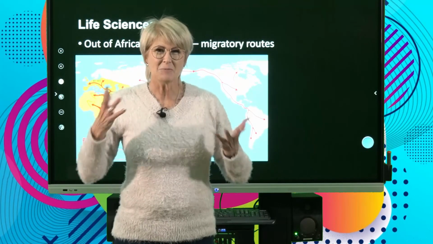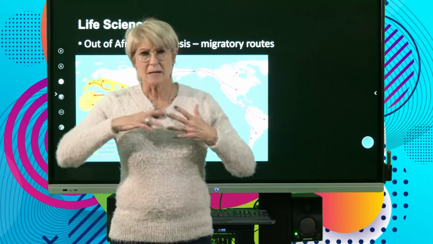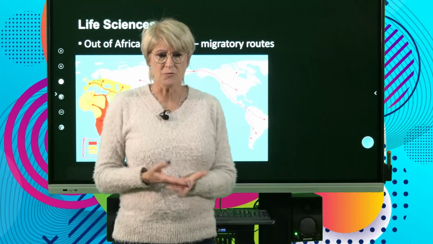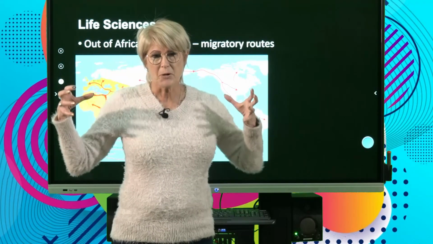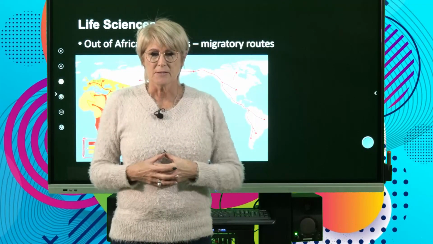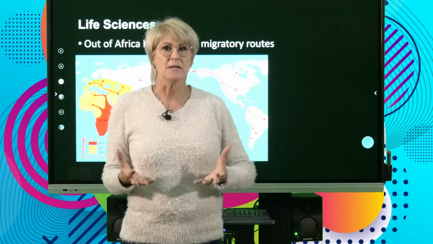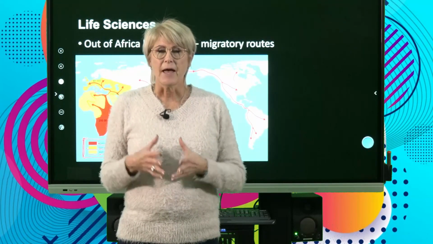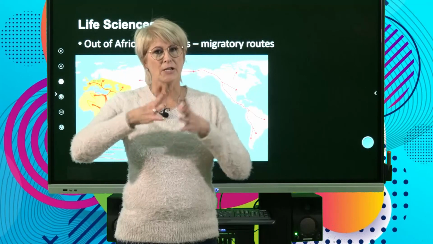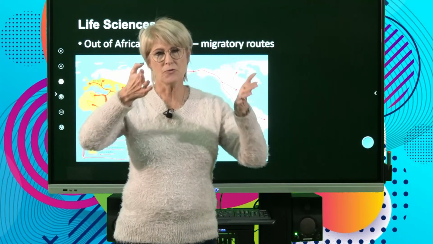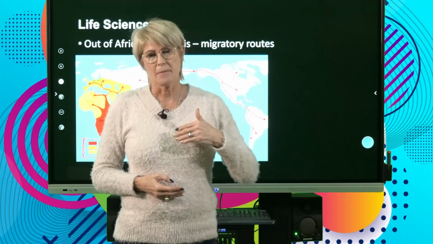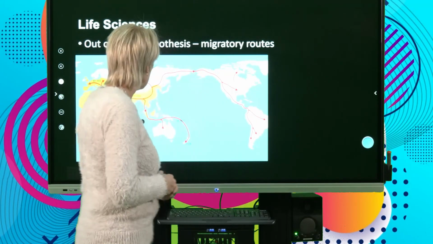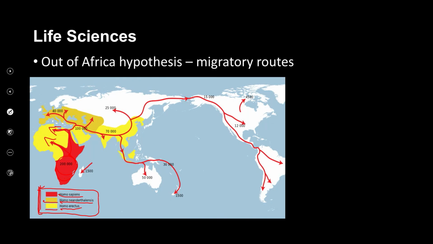It might have become drier, it might have become colder, there might have been a shortage of food, there would have been more pressure from predators, so they would possibly have had a lot of threat from predators, and that then caused them to move and go and look for more habitable areas, and maybe where there's more food.